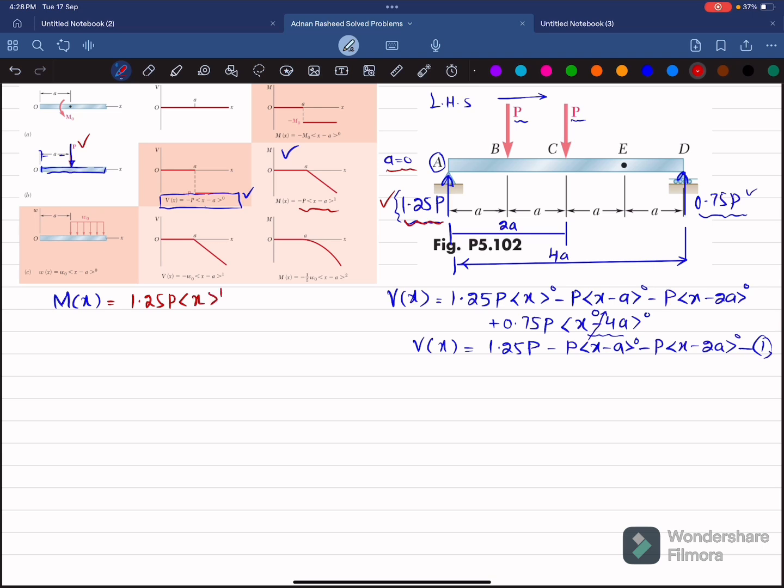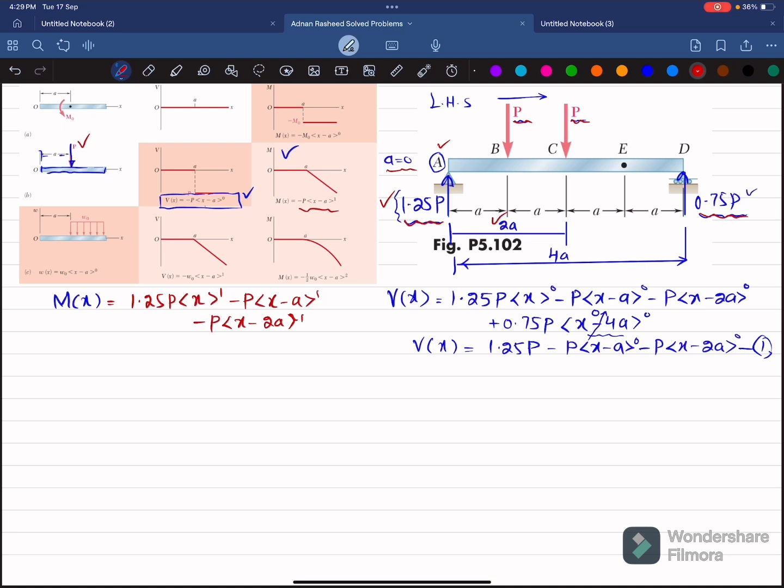The second load is minus P, so minus P into x minus a power 1. And the last load is minus 1.25 P into x minus 2a, because it is acting at a distance of 2a from this point A, and it will have power 1, and we will neglect the last term because it will give us the 0 value.